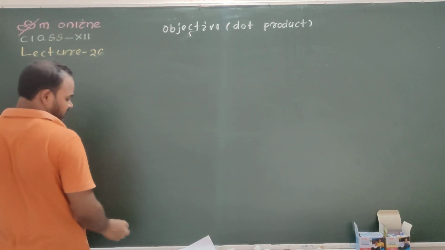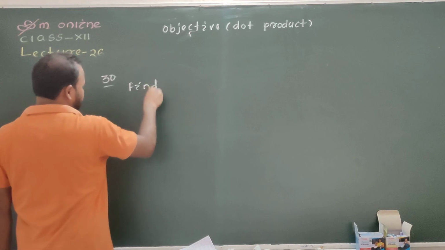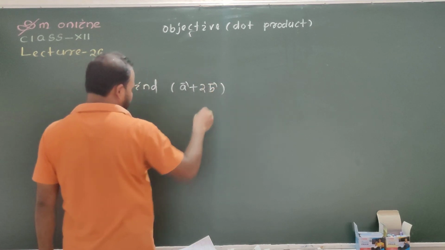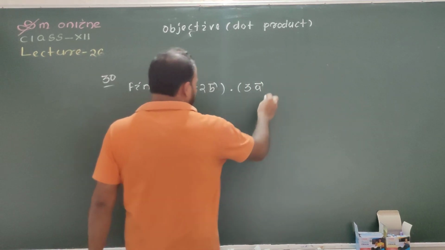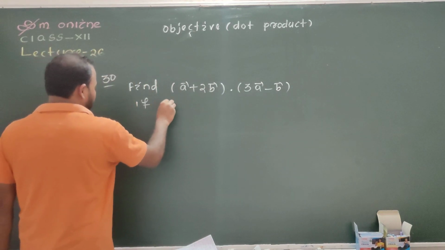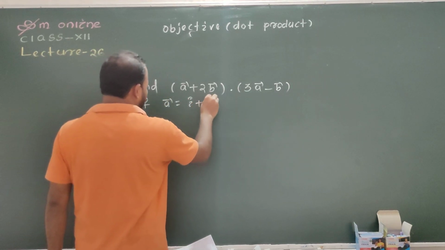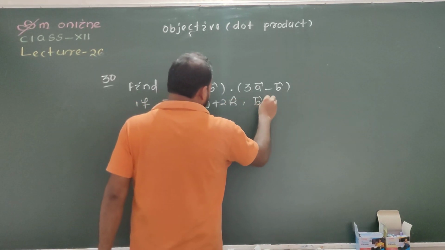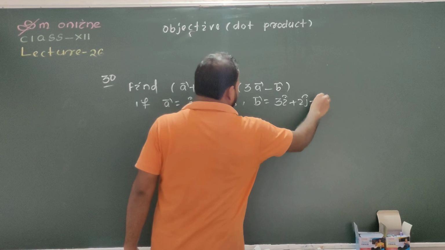Now there is the last question, question number 30. Find vector A plus 2 into vector B dot 3 into vector A minus vector B, if vector A equals i cap plus j cap plus 2k cap and vector B equals 3i cap plus 2j cap minus k cap.